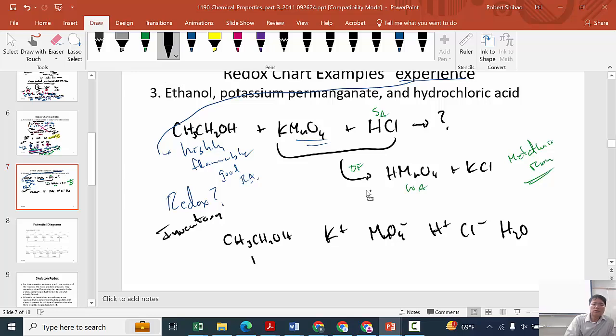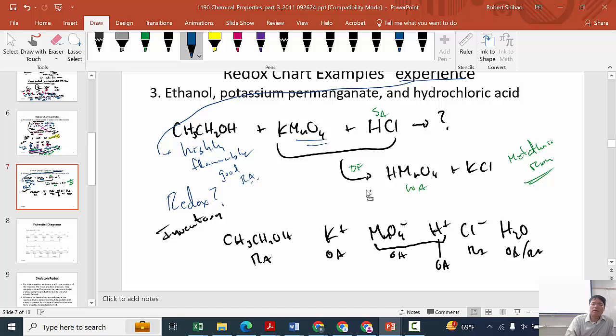Ethanol is a reducing agent. It's electron rich. Potassium ions are an oxidizing agent. Permanganate with H plus is an oxidizing agent. And then H plus alone is an oxidizing agent. Chloride is a reducing agent. And water is both an oxidizing agent and a reducing agent.